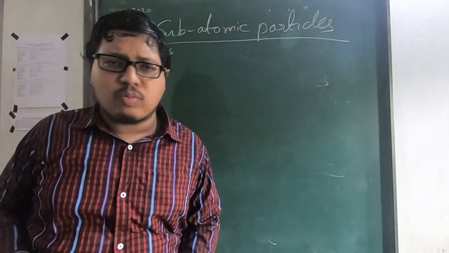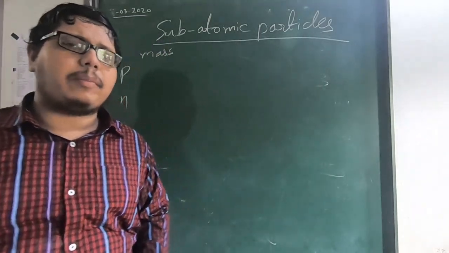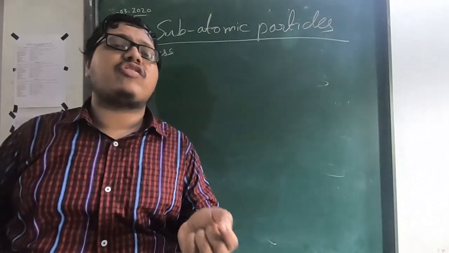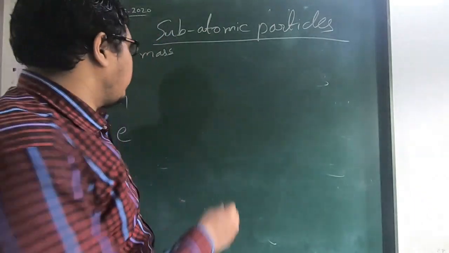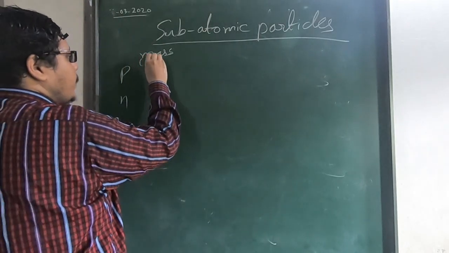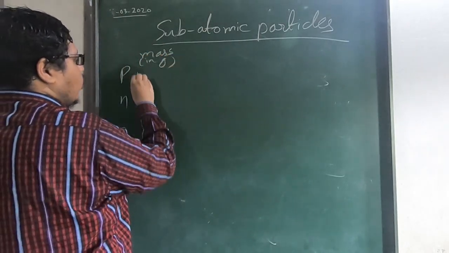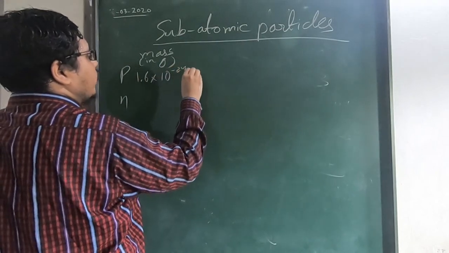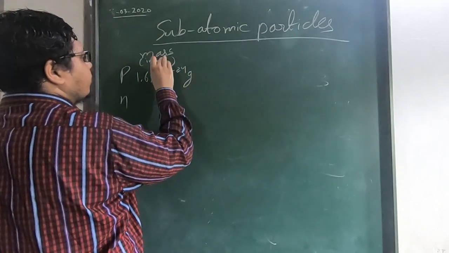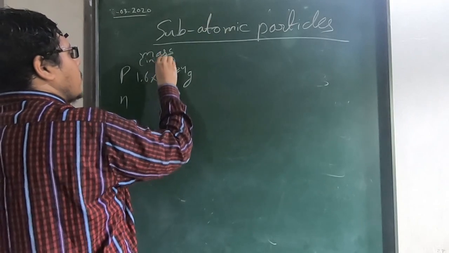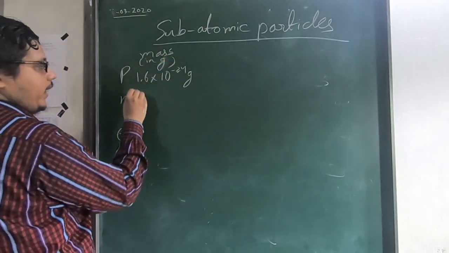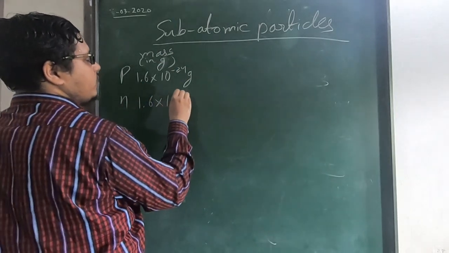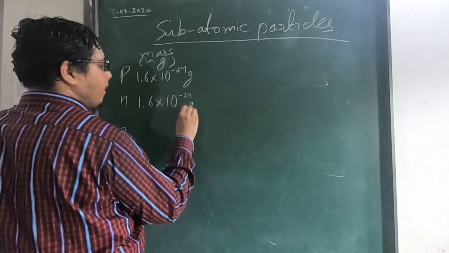Now, these are very, very small particles. If you take their mass in gram or in kg, it will be a very, very small value. If we take the values in gram, the proton's mass comes around 1.6 into 10 to the power minus 24 gram. If I take the neutron, it is also quite the same, 1.6 into 10 to the power minus 24 gram.